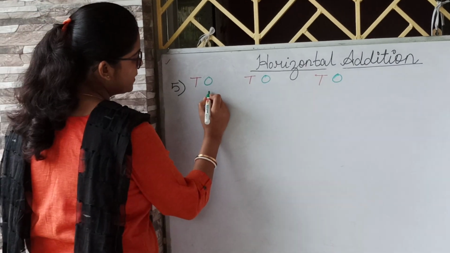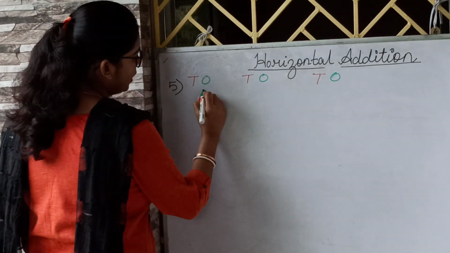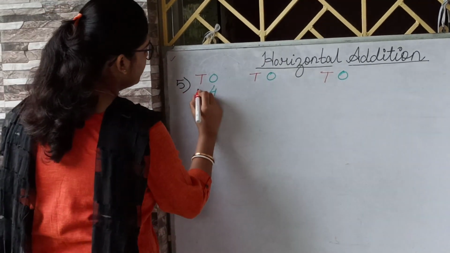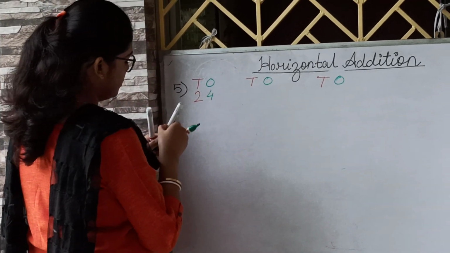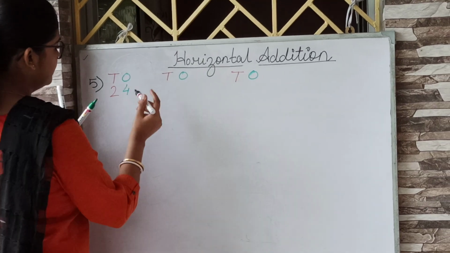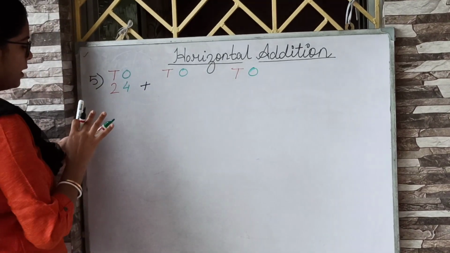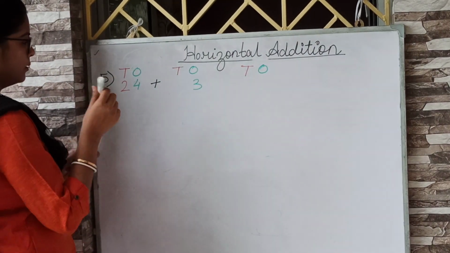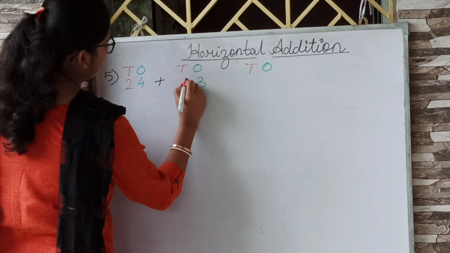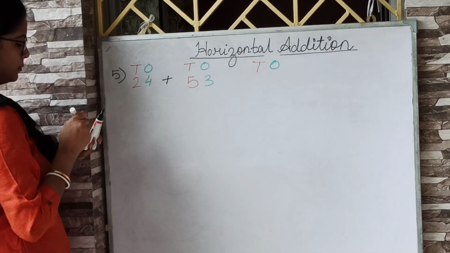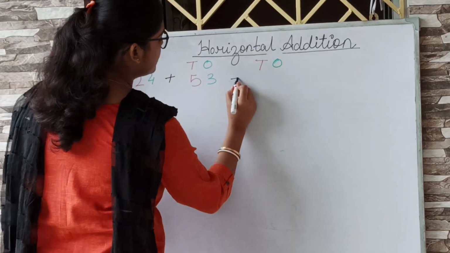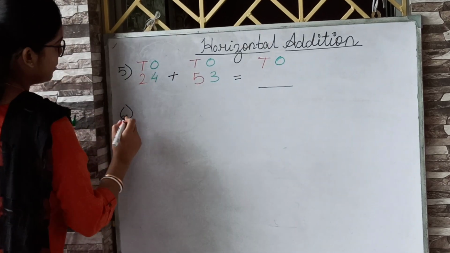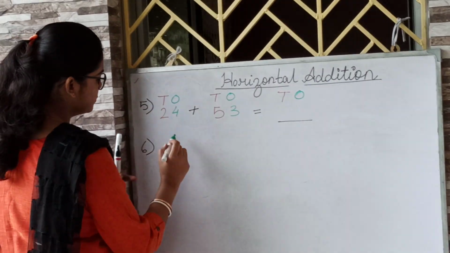In the ones place let me put 4, and in the tens place let me put 2. Put a plus sign. Again 3 plus 5 and an equals sign. Let's write one more example, then we will solve it.